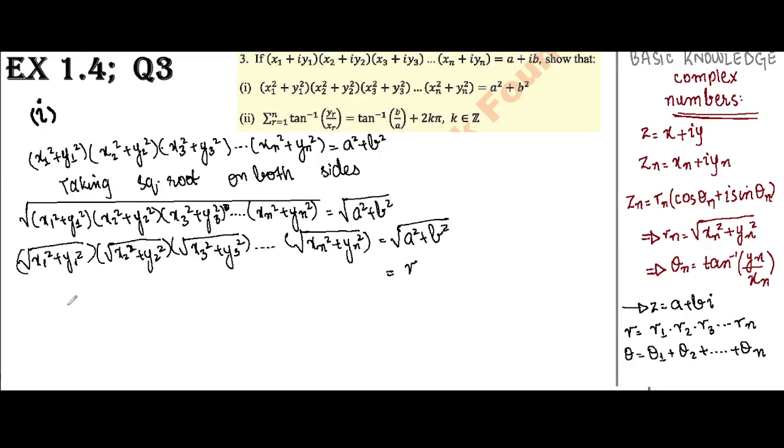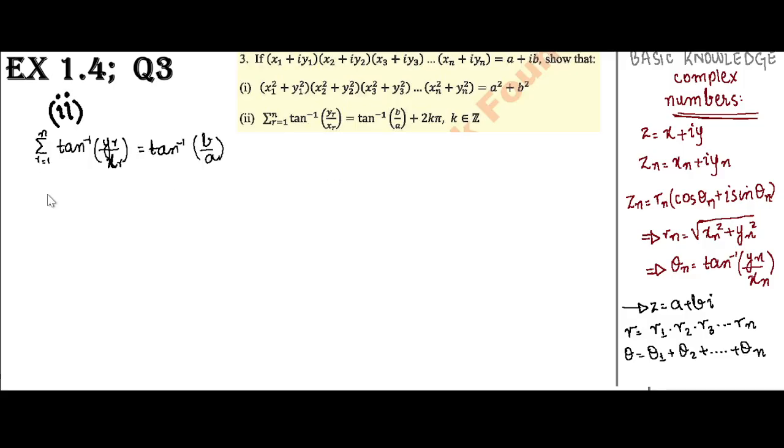Now this is r1 dot, this one is r2 dot, this one is r3 dot up till this one is rn equals r. So we are going to shift it over there, and this statement we have already proven from here, so this means that we have proved it.